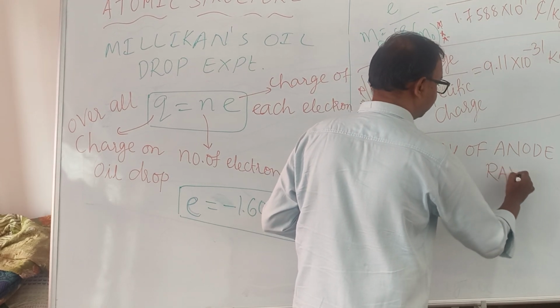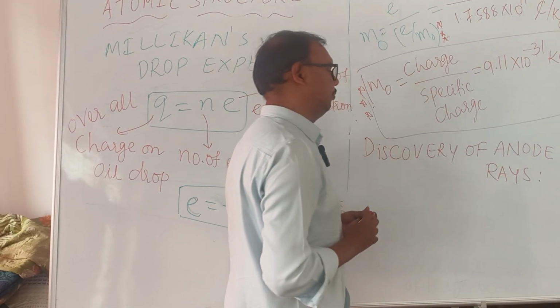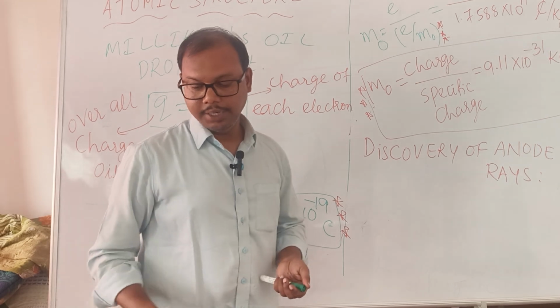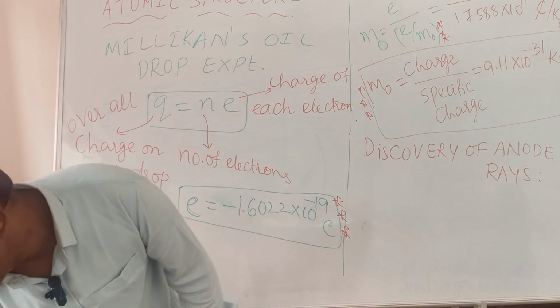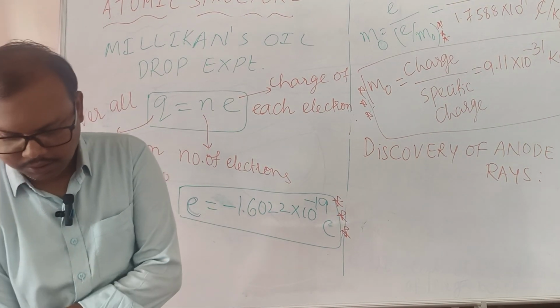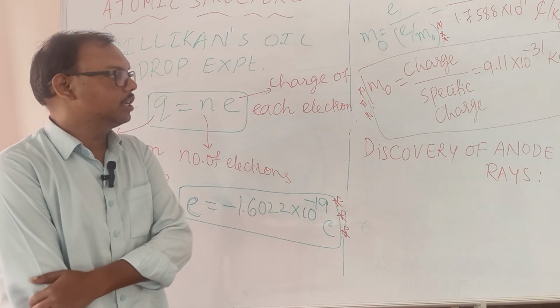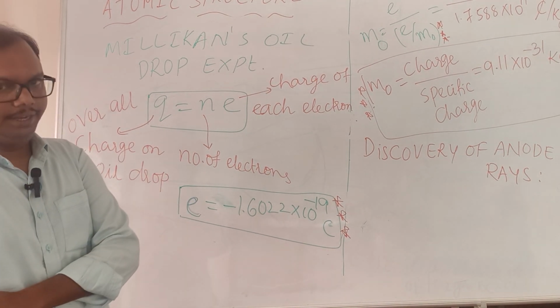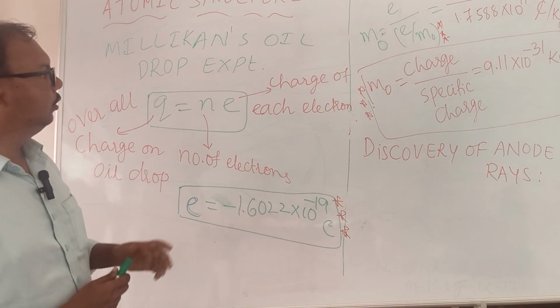Anode rays are also called canal rays. Keep that in mind, all of you. Canal rays were discovered by the scientist called Goldstein. Goldstein, you can see that.